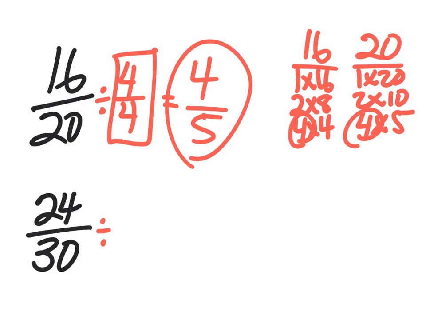I could tell you one of the most popular ones that would be shouted out would probably be 2, which is correct. 2 can go into 24 and it can go into 30. But I don't think 2 is the GCF. I would want the GCF to be found. So if you thought about it and you think real hard, I think the GCF here is going to be 6. I think 6 can go into both of these.